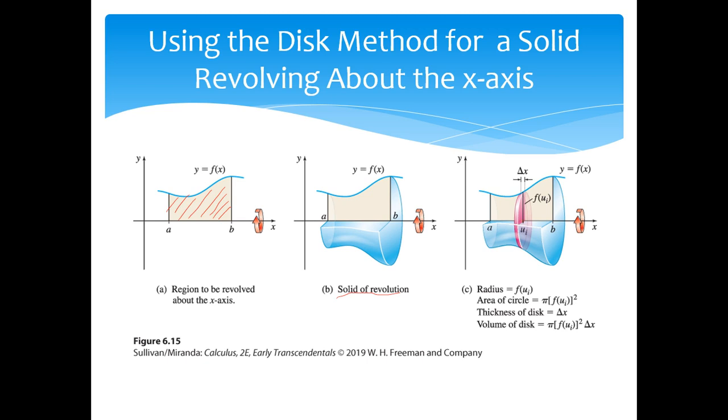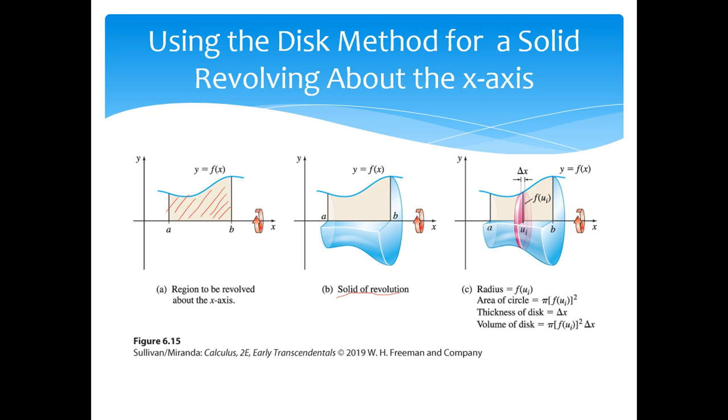As we talked about earlier, in order to find the volume of this shape, we come up with an infinite number of disks. We sum up the volume of each and every one of them, and we find the overall volume of the solid of revolution.